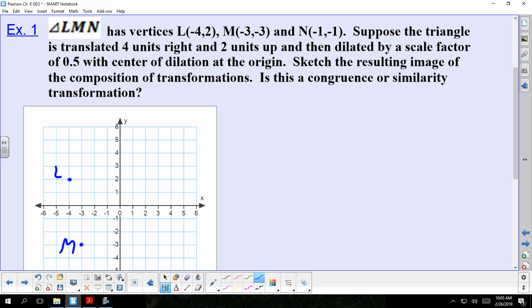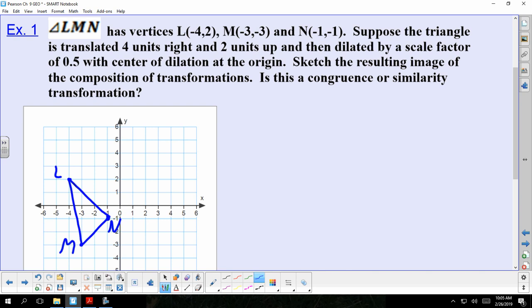And N, -1, -. And I'll connect these vertices. Here's my triangle. So let's see what the question is asking us.